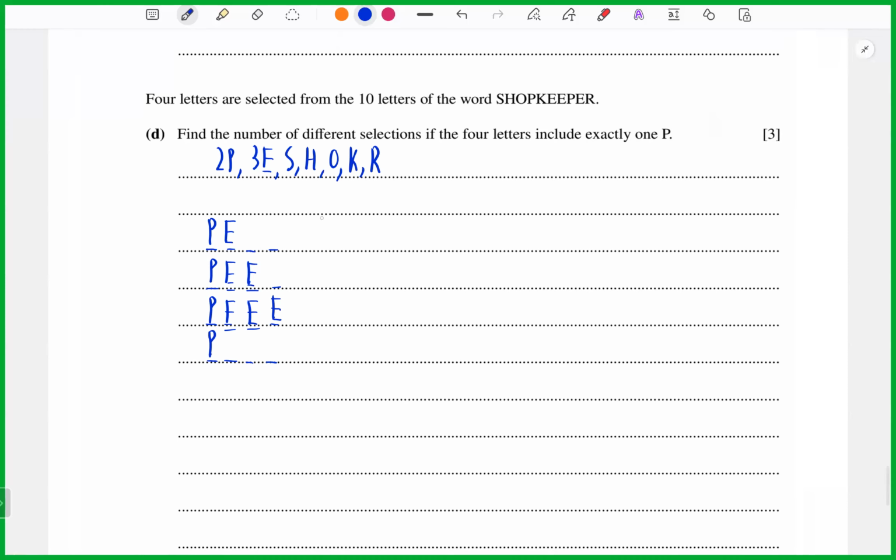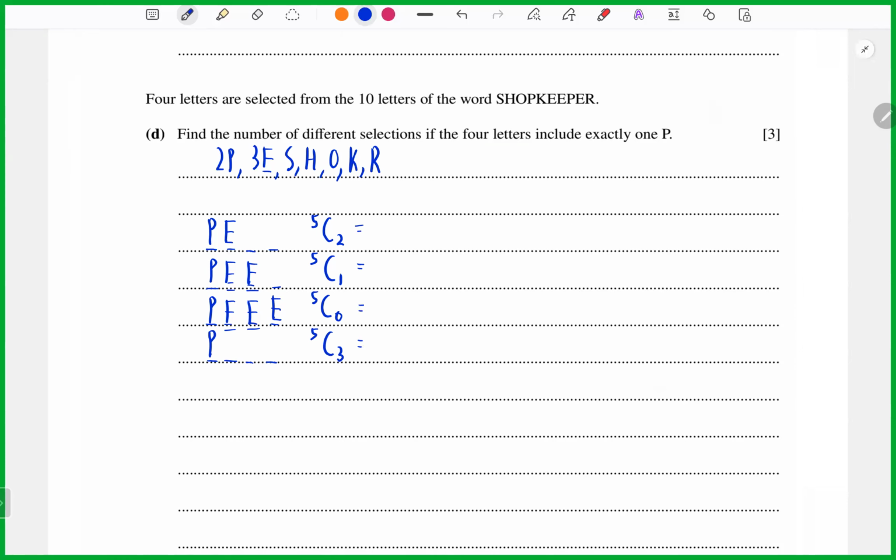Then we have the other letters here, so you can take 5C2, this is for the other letters. Then 5C1, then 5C0, and the last is 5C3.